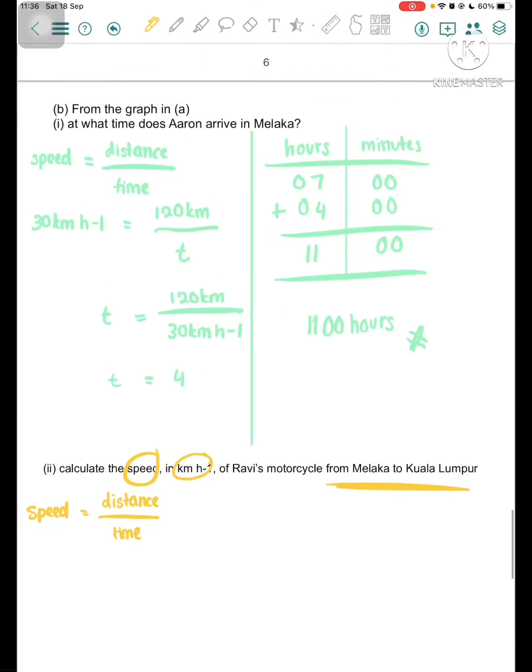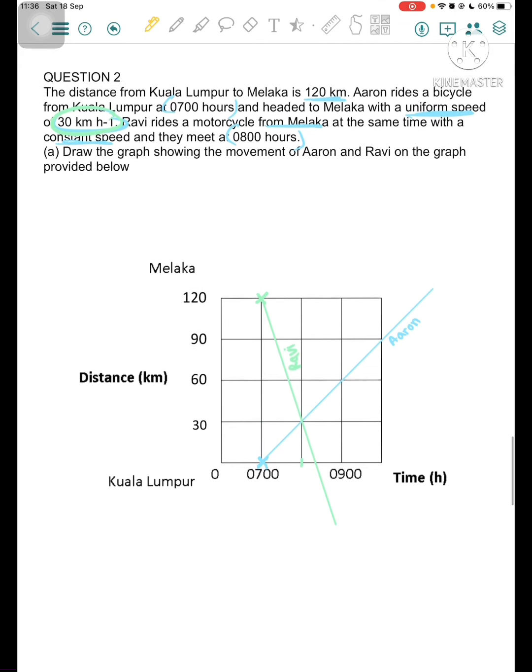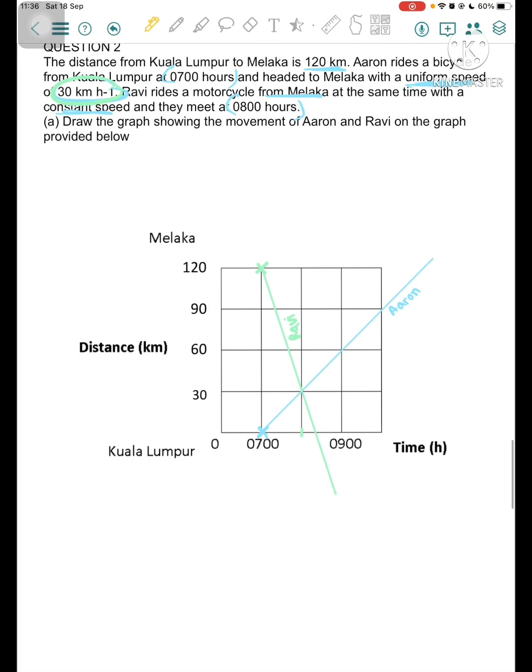Question 2, B. Calculate the speed in km h-1 of Ravi's motorcycle from Melaka to Kuala Lumpur. Okay. Speed is equals to distance over time. We know the distance, but we don't know the time.